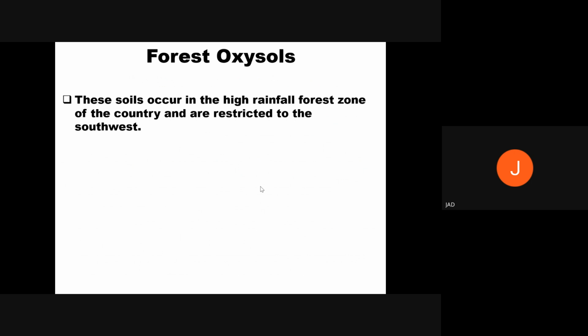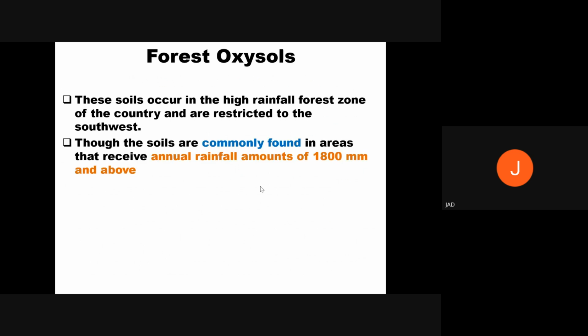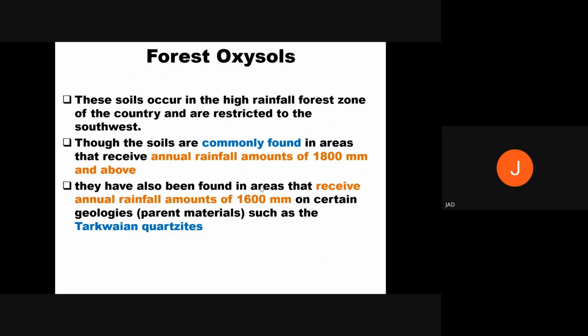These are soils occurring in the high rain forest zone of the country and are restricted to the southwest. So we are talking about the Western Region of Ghana. And oxisols are highly acidic. One thing about them, they are highly acidic. These soils are commonly found in areas that receive annual rainfall amounts of what? 1,800 millimeters and above.